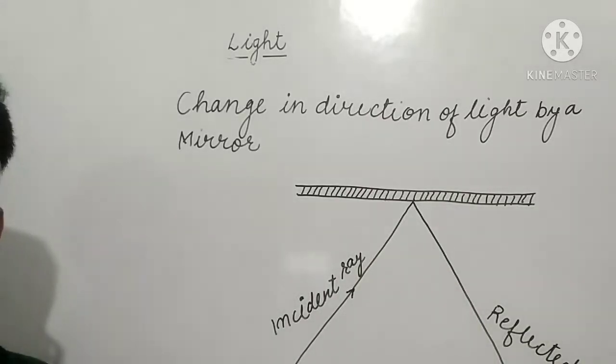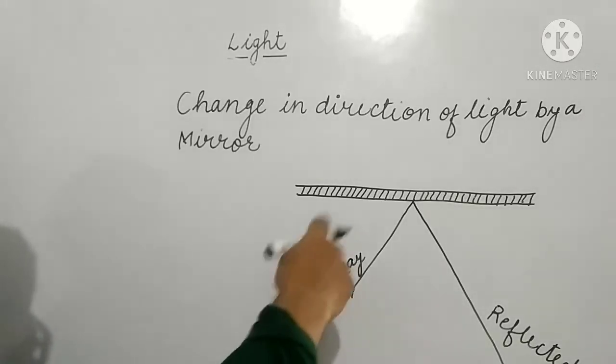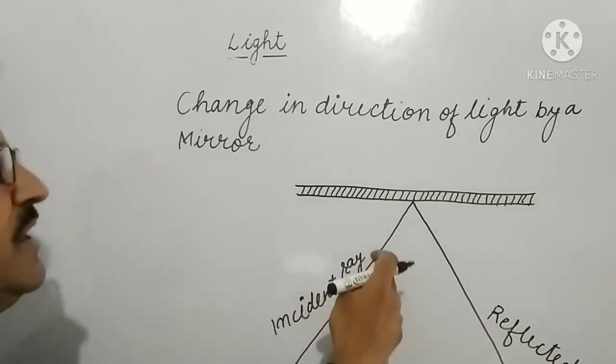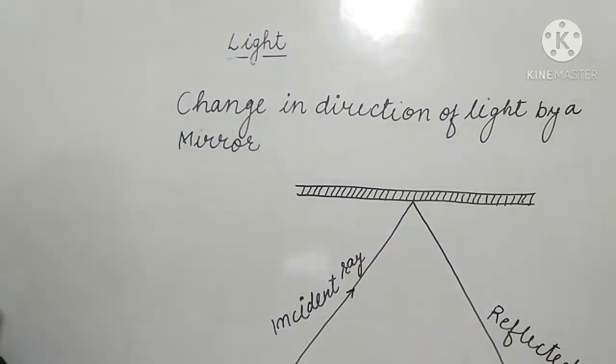The ray of light which falls on the smooth polished surface is known as the incident ray of light. And the ray of light which bounces off or is reflected from the smooth surface is known as the reflected ray of light.